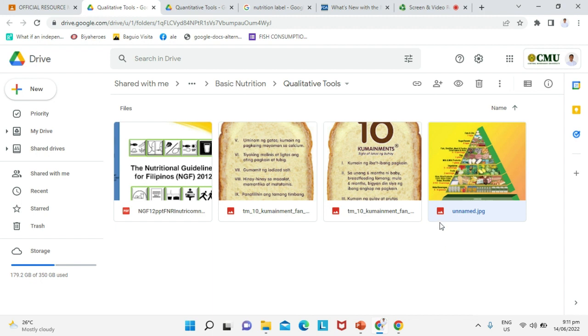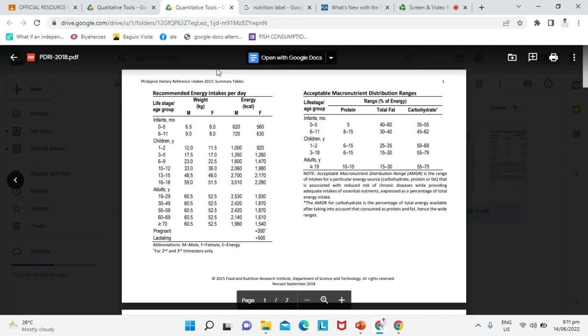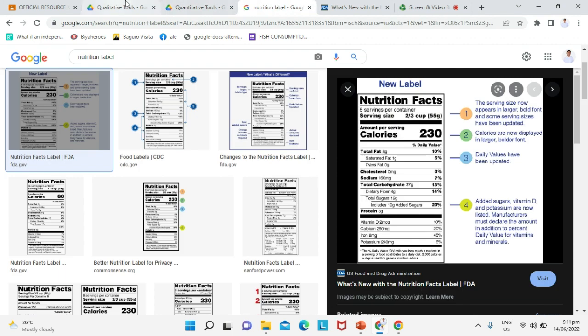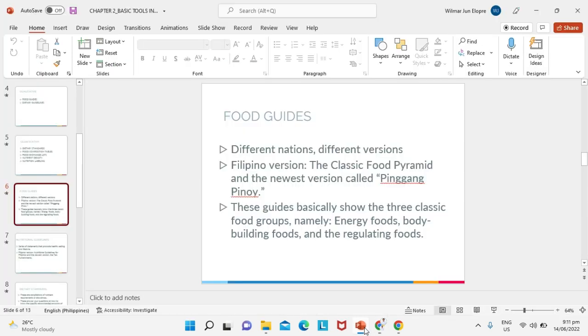But know that it is now the Pinggang Pinoy that is our official food guide in the Philippines.